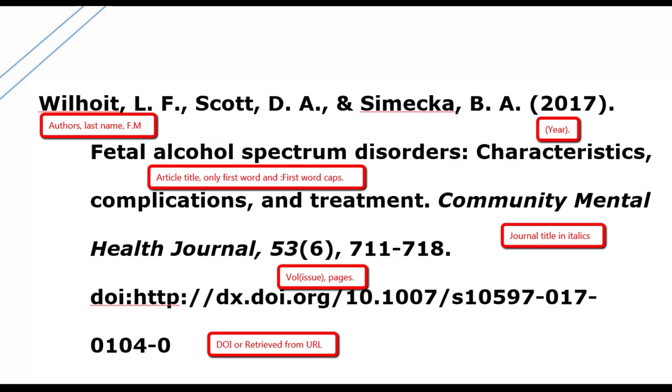I've put the journal title with all the words capitalized and in italics, the volume and the issue and the page numbers, and the DOI or the URL of the place you got it from. Most articles will have all of these different parts, but if you have a magazine article or a newspaper article, the citation can vary. Again, check the Stratford University APA Guide.